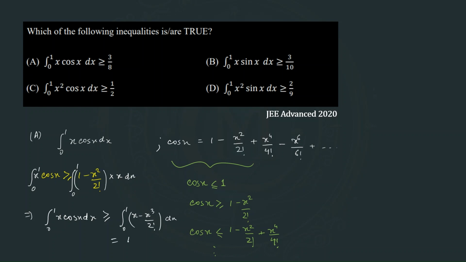So this will be half minus, this will be half times 1 by 4. So it comes out to be this integral 0 to 1 x cos x dx is greater than or equal to 3 by 8.